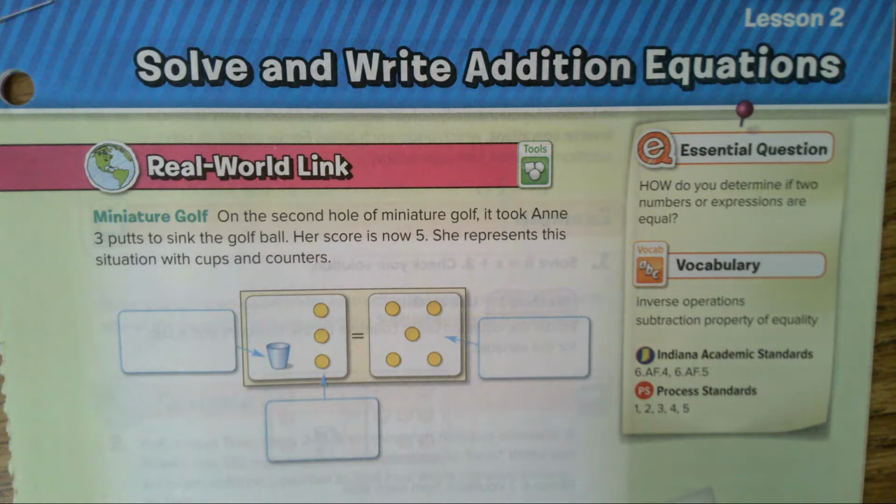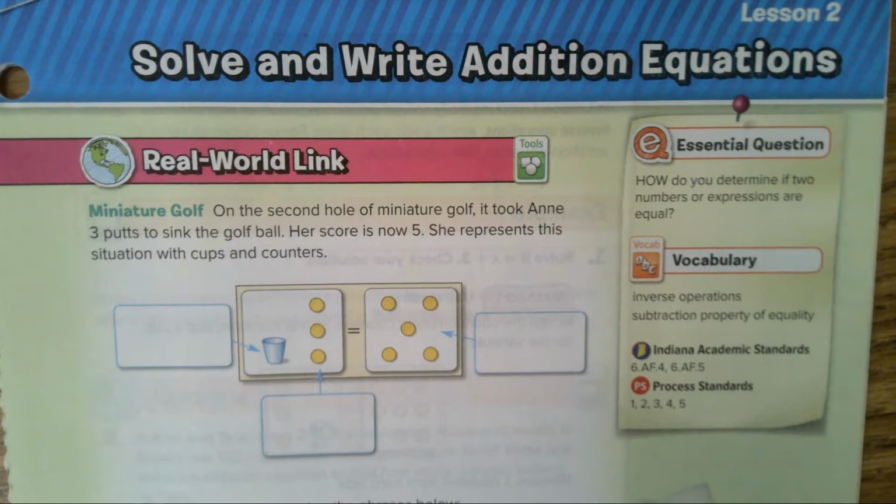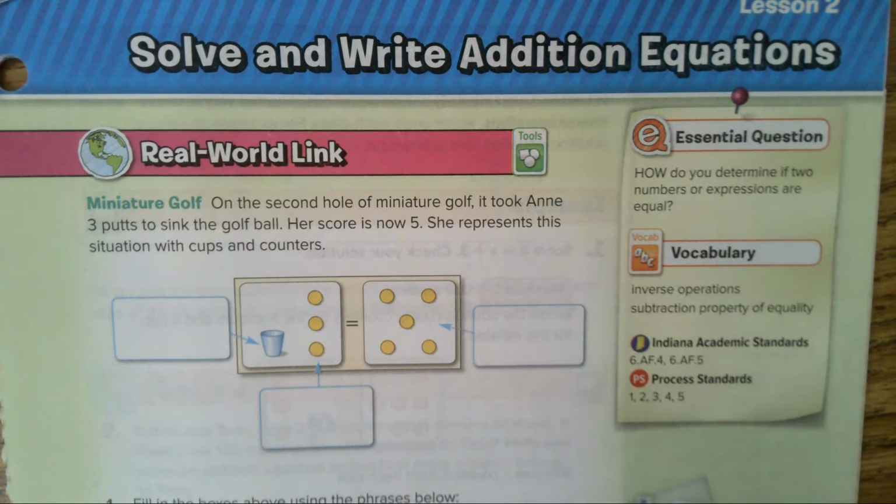All right, let's look at the word problem here. On the second hole of miniature golf, it took Anne 3 putts to sink the golf ball. Her score is now 5. She represents this situation with cups and counters. So we have a cup and a counter on this.